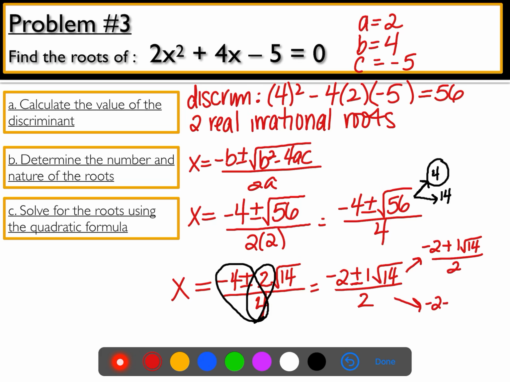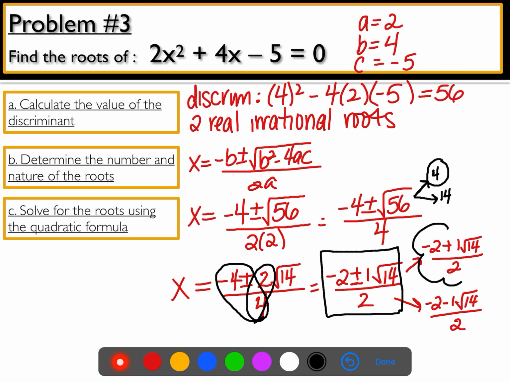Okay, and you don't have to put the 1. I'm just rewriting it so that you understand how we simplified. Okay, so you could leave it here as 1. That would be totally fine for 2 real irrational roots, or this is how it would look split up.